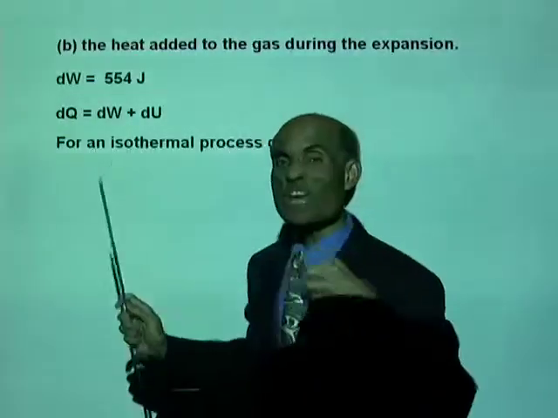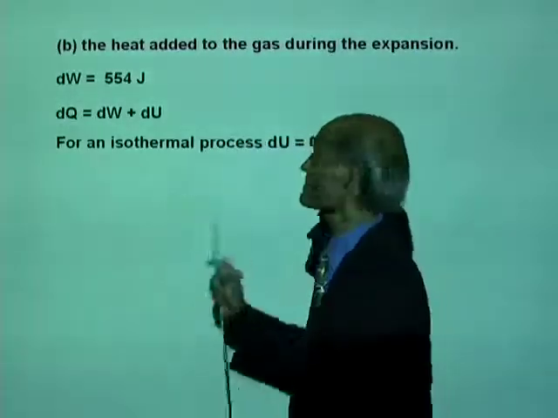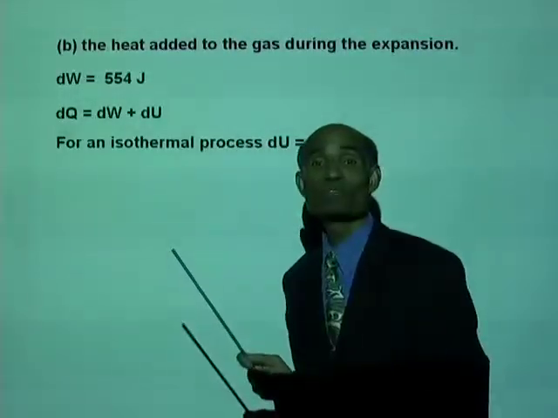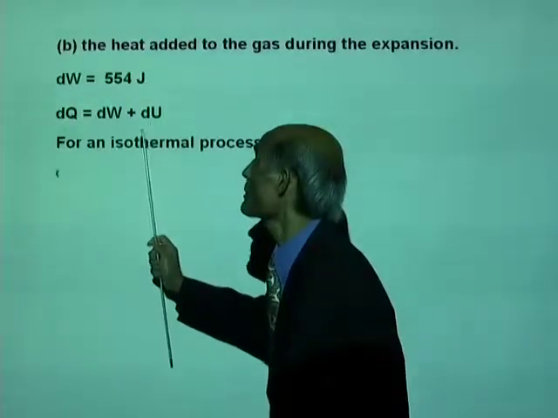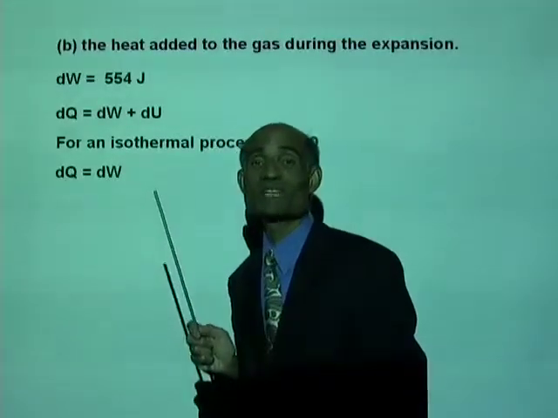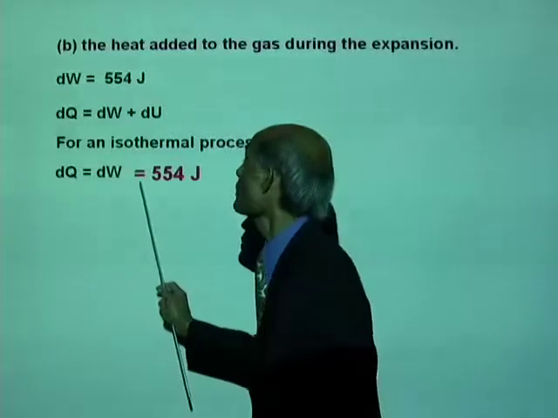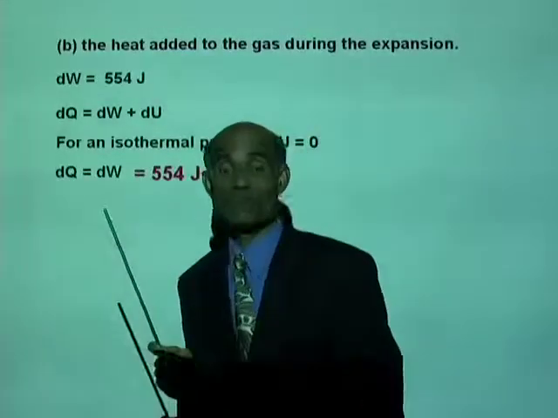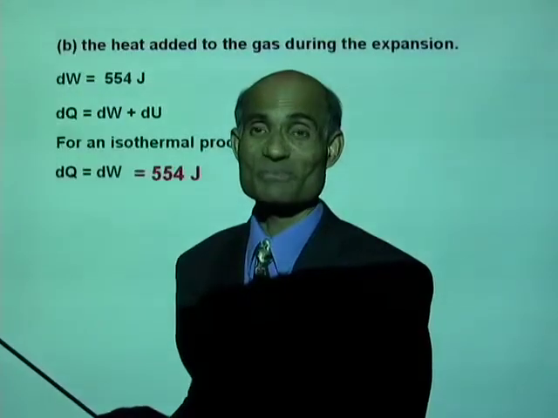So what is the change in internal energy for an isothermal process? dU equal to 0. So dQ equal to dW plus dU reduces to dQ equal to dW. And we know dW, therefore the amount of heat added during that process will be 554 joules.